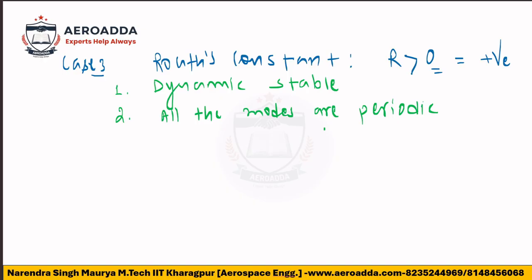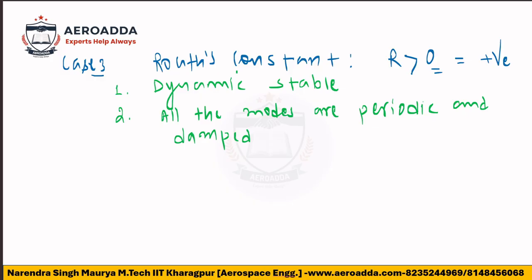But periodic means oscillatory, and damped oscillation is always a stable oscillation. So all the modes are periodic and damped. That can also be asked in the examination. They can ask which characteristic equation shows periodic, aperiodic, damped, or undamped oscillation. So please remember this. All the modes are periodic and damped.